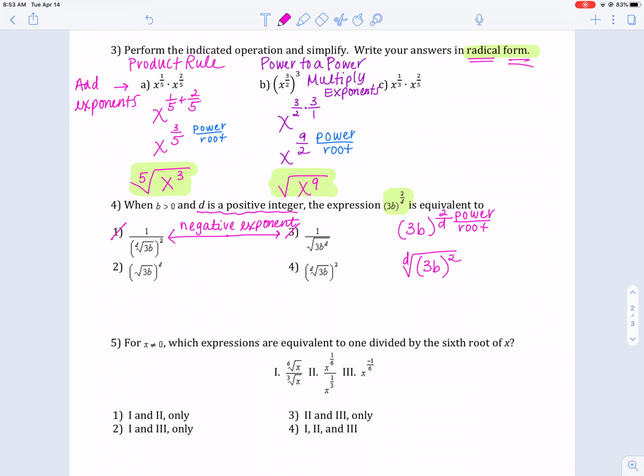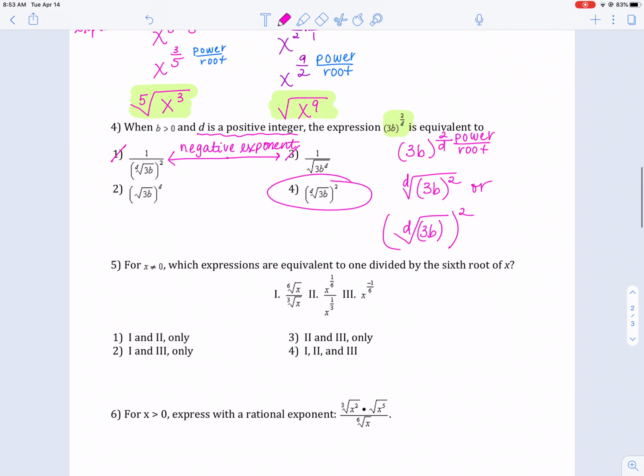Not exactly how I wrote it. But remember from the beginning, you could write it like this, or you could show the D root of 3B and that whole thing squared. So that's why your answer is choice 4. They are equivalent. Understand that.